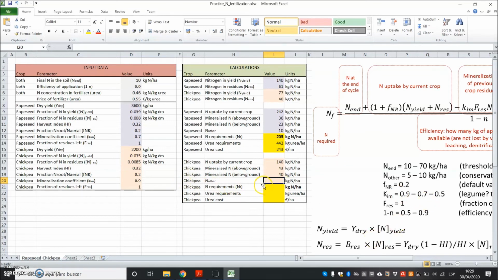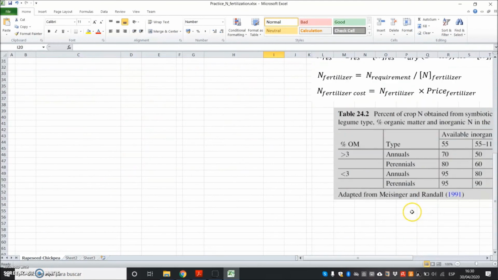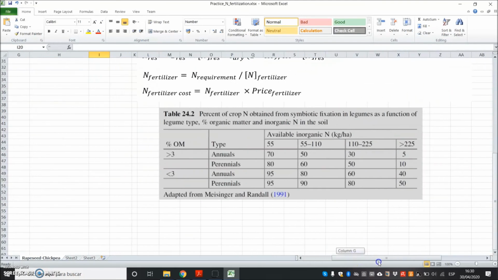For making an estimate of the capacity of chickpea to fix its own nitrogen, we will use a table of the book of Principles of Agronomy, which calculates the percentage of the crop uptake that is obtained from symbiotic fixation.